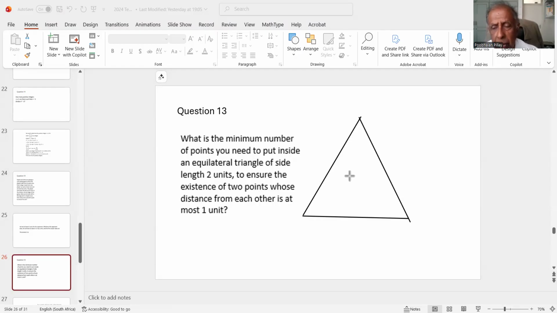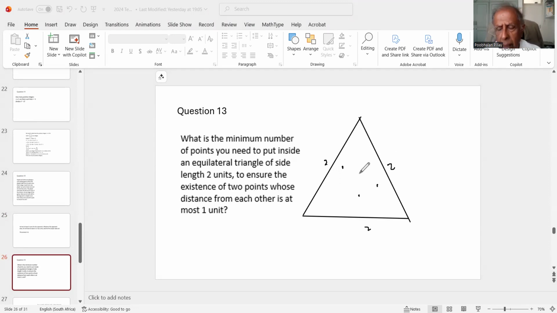Okay, I'm going to put in a couple of points. So suppose I put in those 3 points. Now the side length of this equilateral triangle is 2. If I put 3 points, I could put 3 points like this, and I want to ensure the existence of 2 points whose distance from each other is at most 1 unit.